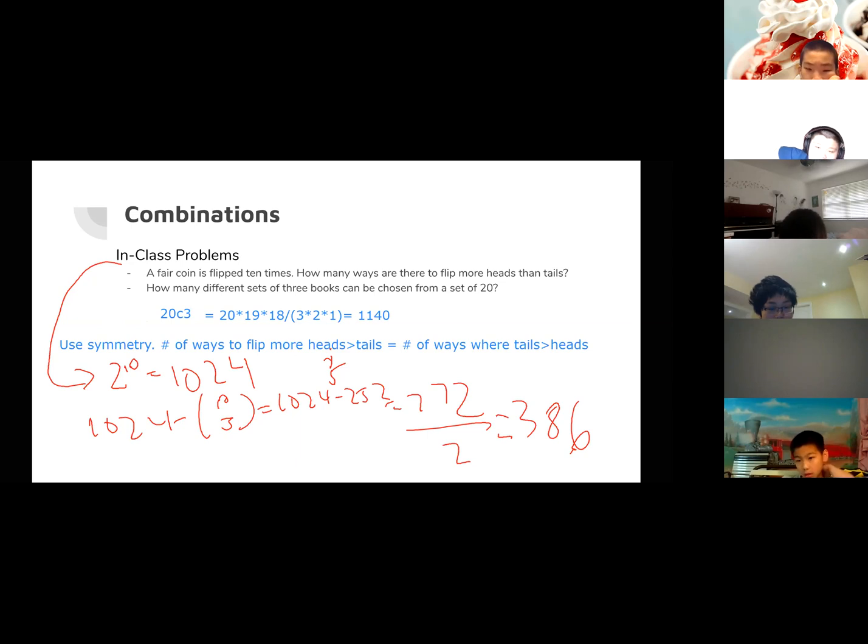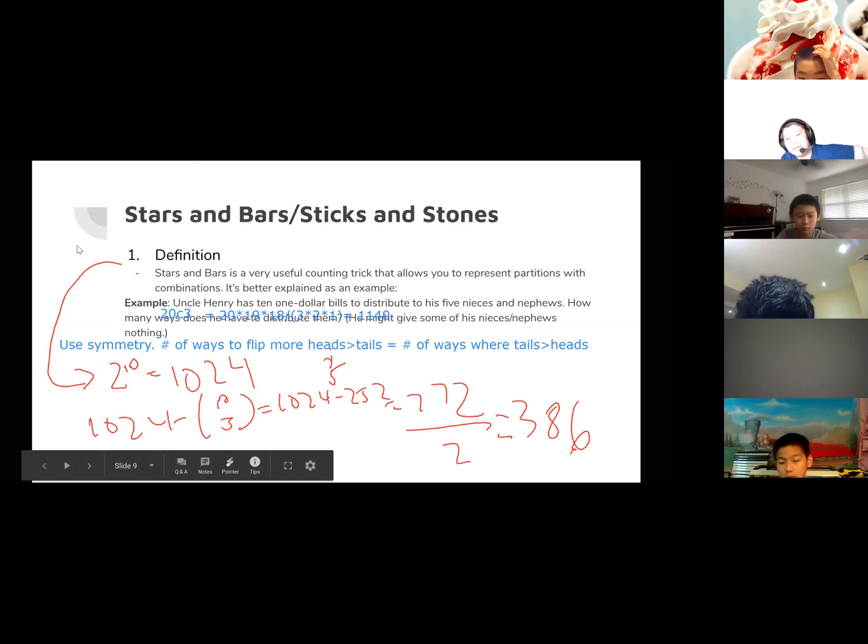So now we're going to go on to another technique about counting. Okay, going to go on to the next one then.